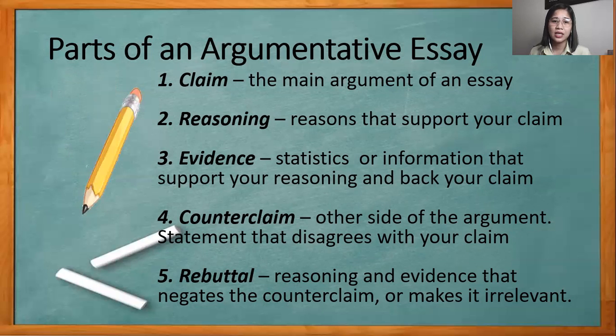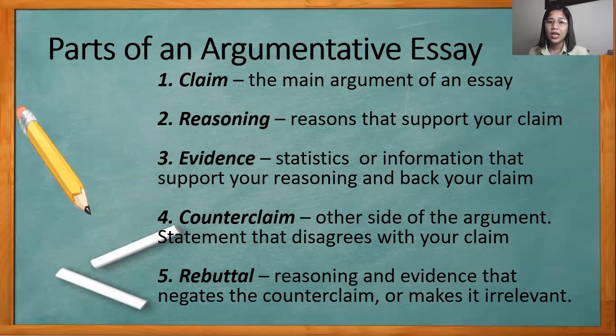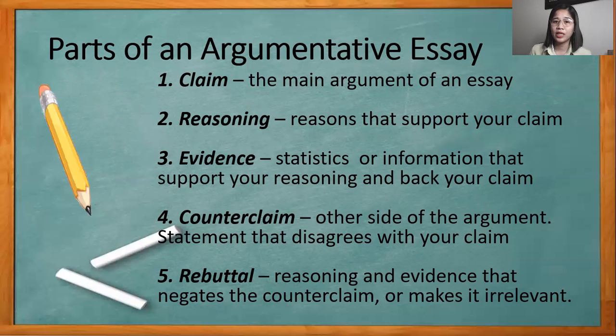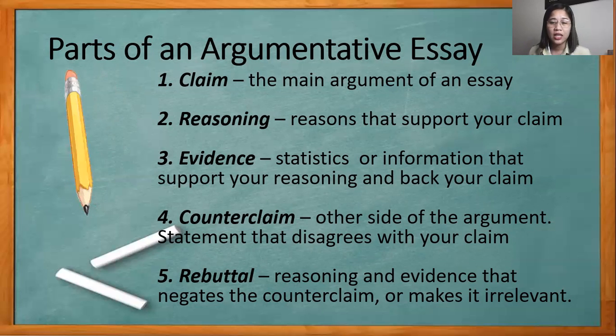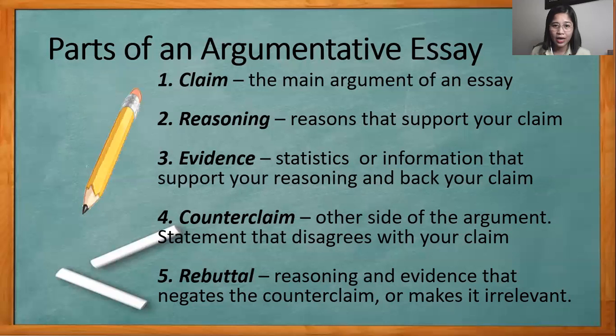So this is what our argumentative essay is all about. Now, in presenting our claim, of course, we will back it up with reasons. So that makes the second part of the argumentative essay, which is the reasoning. The reasoning consists of the reasons that will support our claim.